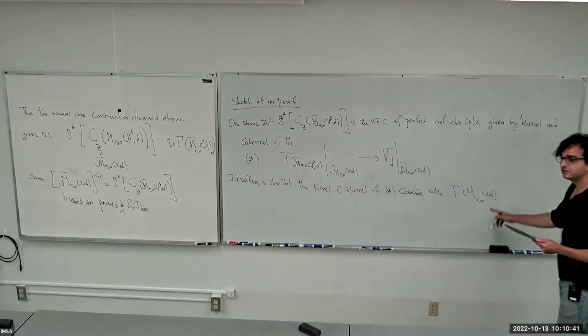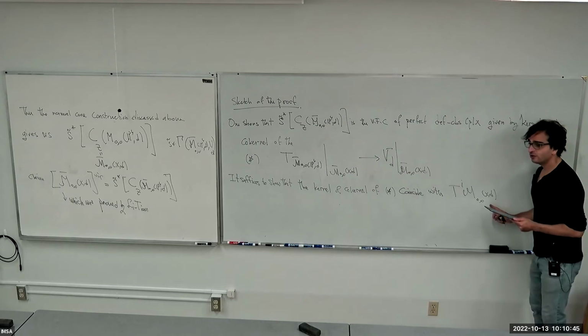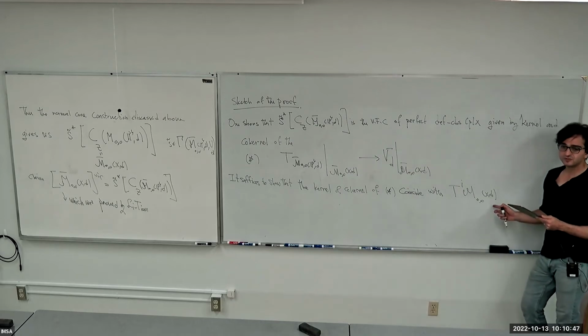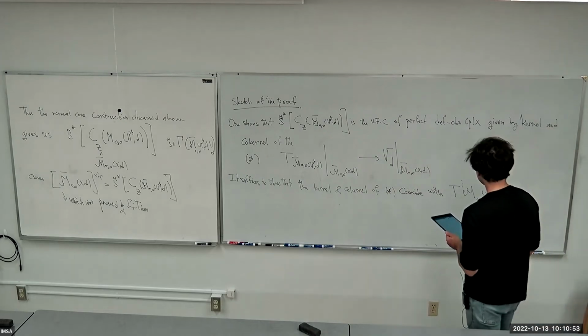Remember the tangent functors? Tangent functors at each point of the moduli space give me the vector spaces which parameterize deformations and obstructions.